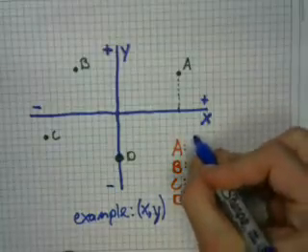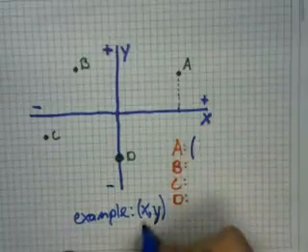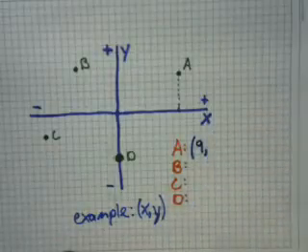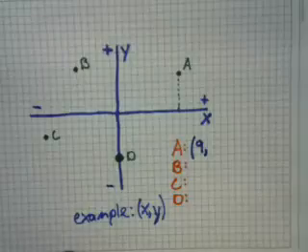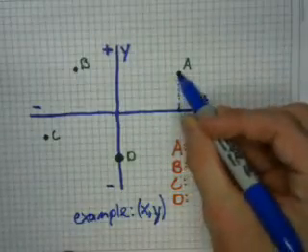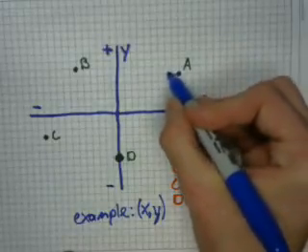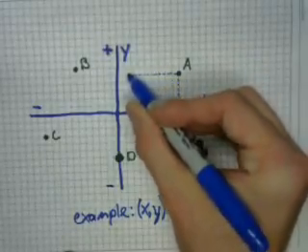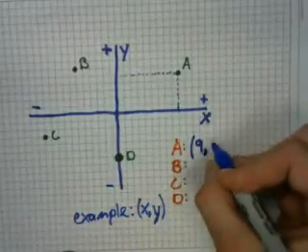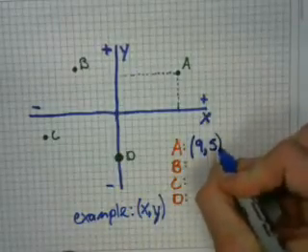So here, if I put a parenthesis, the x value, the x coordinate, is 9. I'm going to put a comma, and now we have to count up to the A. Now we go 1, 2, 3, 4, 5. And indeed, if I draw a dotted line out to the side, that'll hit the 5 mark on the y-axis. So this is the point 9, 5.